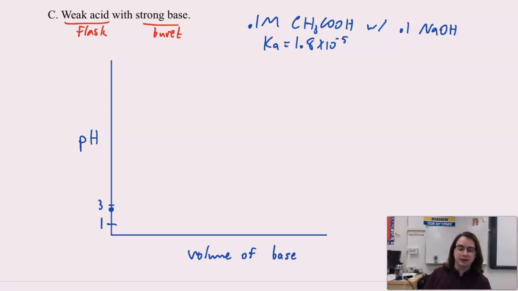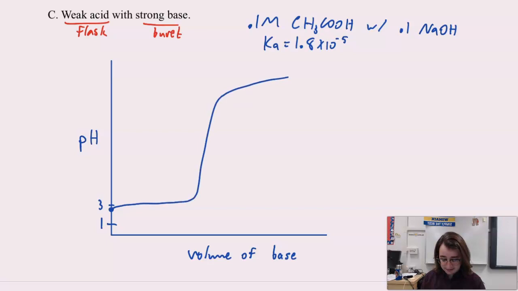The important thing to take away here, after you have calculated, is that our pH is higher in this solution than it is with the strong acid because we are dealing with a weak acid here. So the graph is going to be shaped somewhat similarly, in that we are going to have a steady increase and then a very large increase and then a steady increase again. Now, here's what's different.